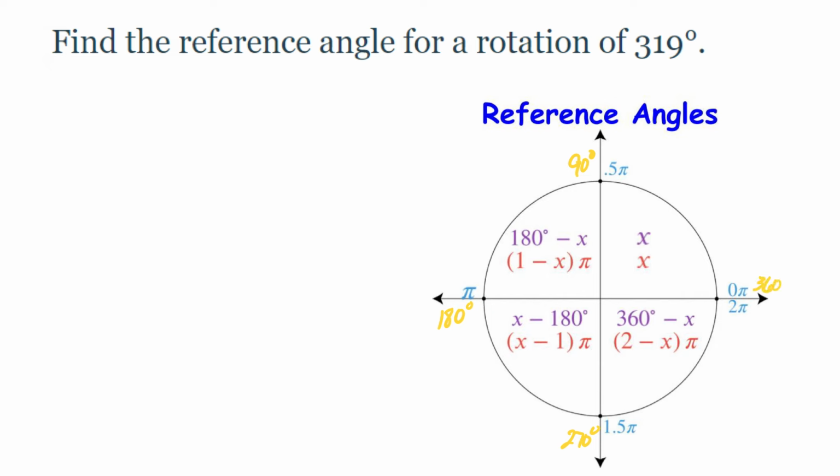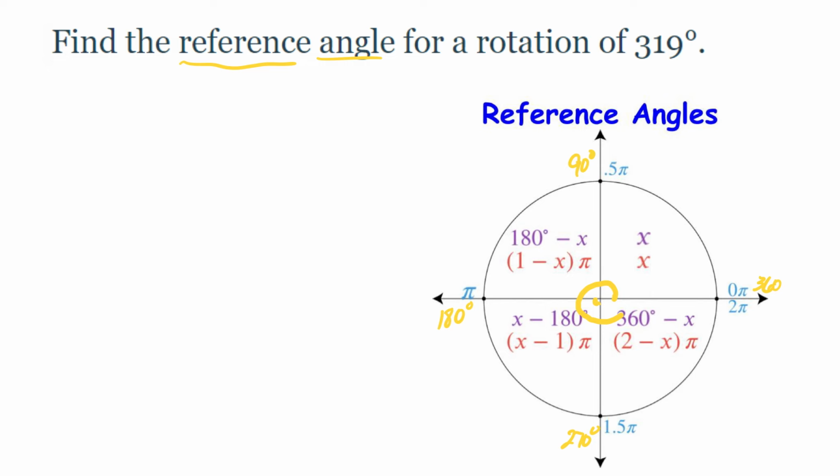So what we're going to do, in this case, we're looking for reference angles. When we're trying to find a reference angle, what we first need to do is find what quadrant the angle falls into. So if we're looking at 390 degrees, that is a rotation of 390 degrees. Its terminal side leaves us in the 4th quadrant.